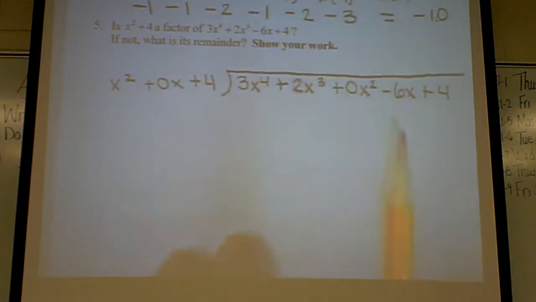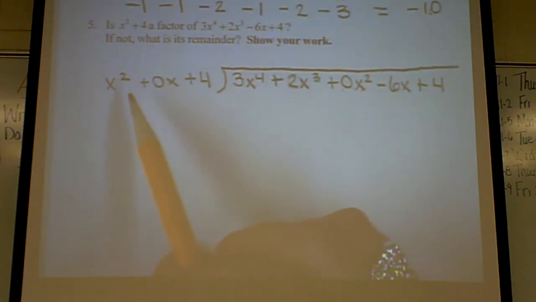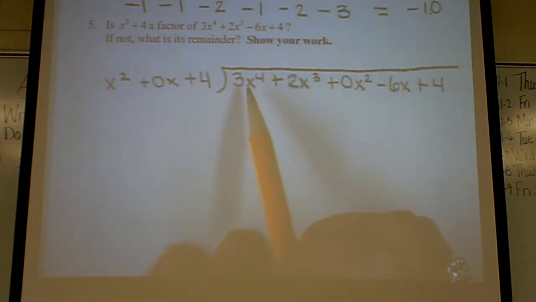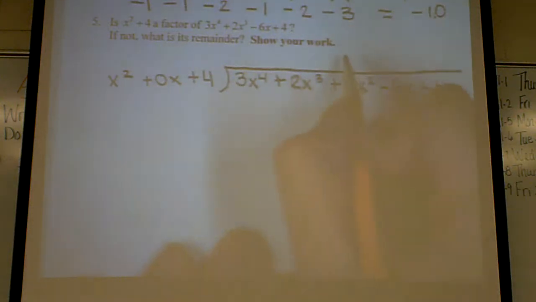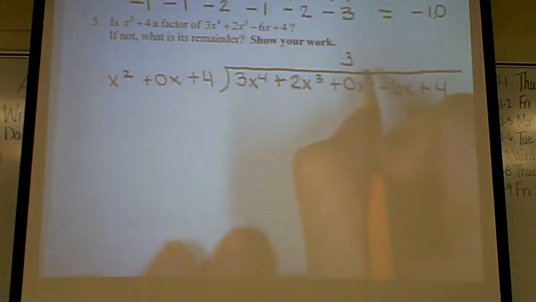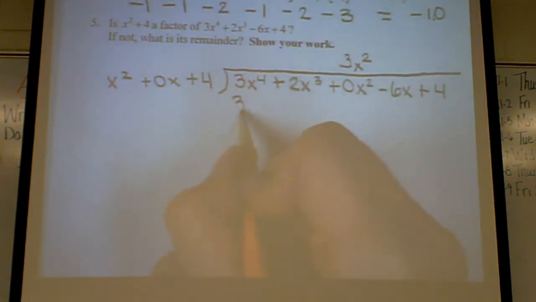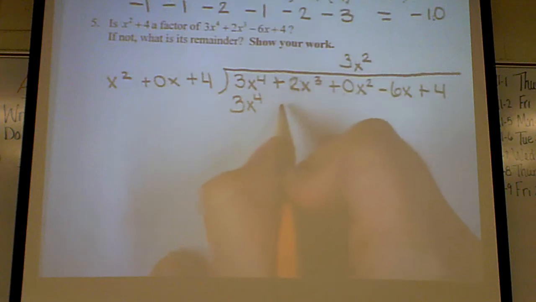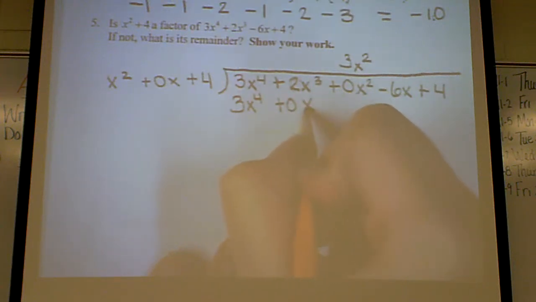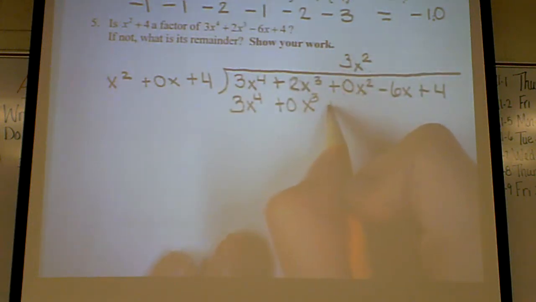Now let's divide. What times x squared will get me 3x to the 4th? 3x squared. So I'm going to write that above my 0x squared over here. Now I multiply. So this becomes 3x to the 4th plus 0x cubed plus 12x squared.